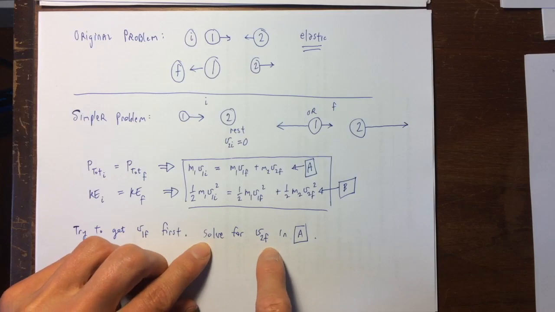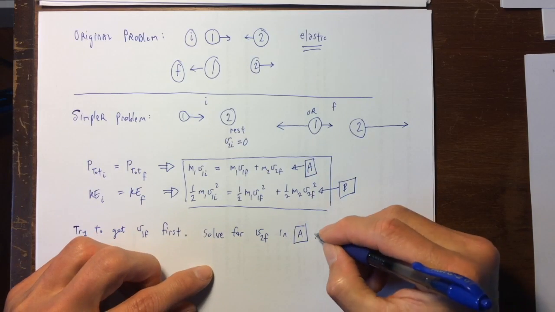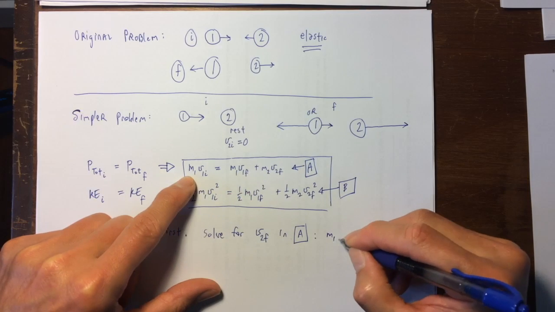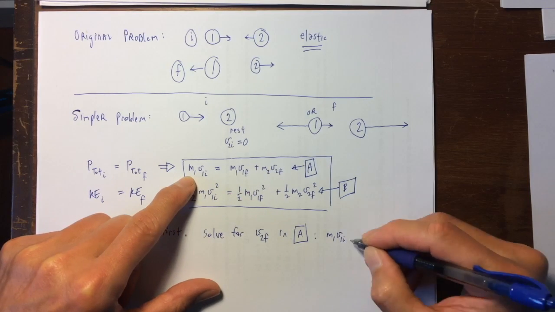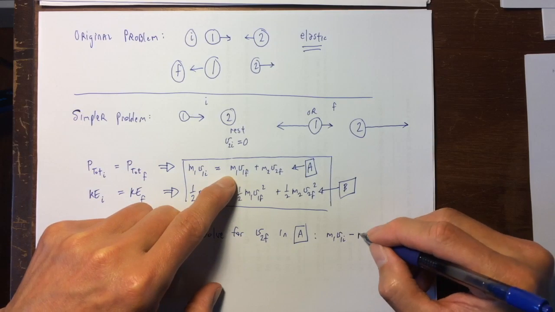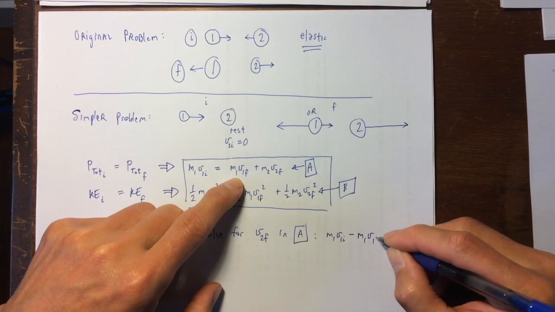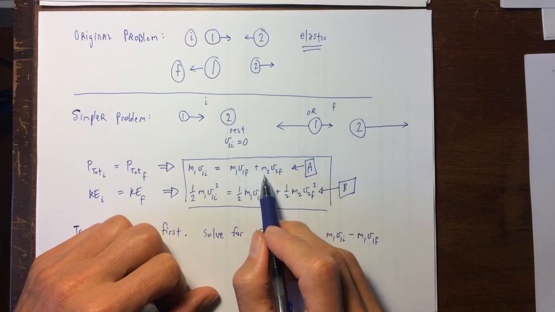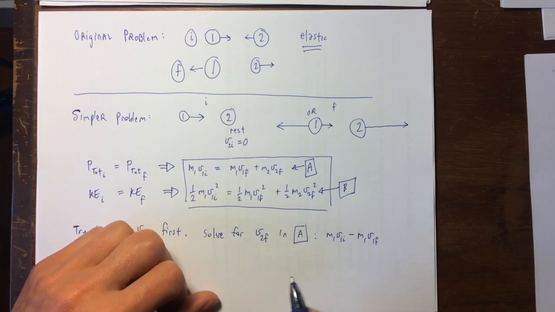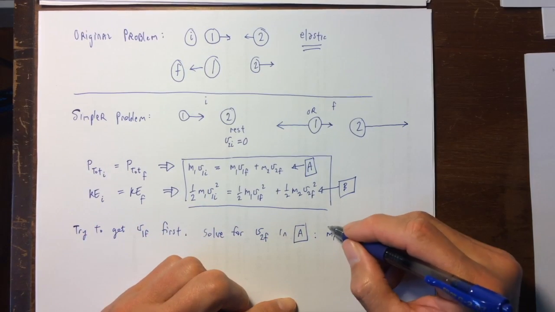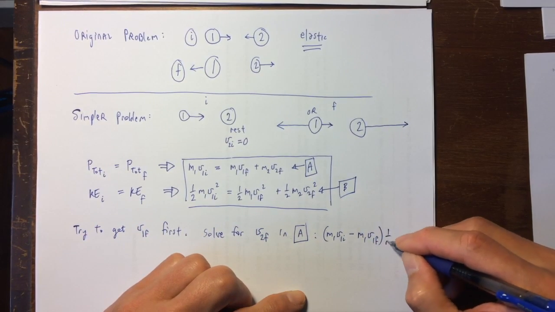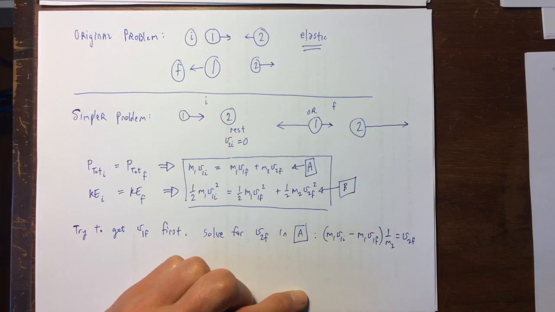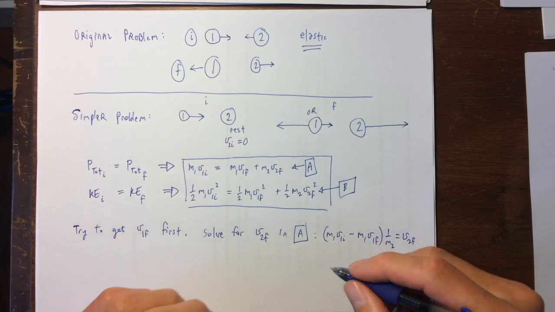So let's solve for V2 final in A. Solving for V2 final in A, what that's going to give us is M1 V1 initial minus M1 V1 final, right? I'm going to subtract that to that side, and that leaves over M2 times V2 final, and I'll divide through by M2. So this is times 1 over M2 equals V2 final. And now square this.